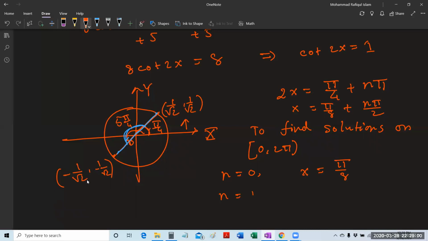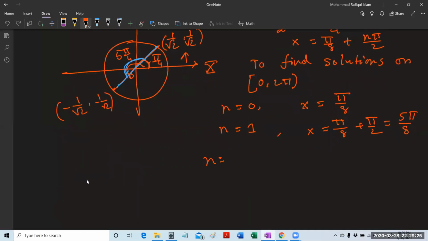If n equals to positive 1, we get x equals to pi over 8 plus pi over 2, and if we add these two numbers, we get 5 pi over 8, and if we substitute n equals to 2, we get x equals to pi over 8 plus 2 pi over 2, which is pi over 8 plus pi equals to 9 pi over 8.